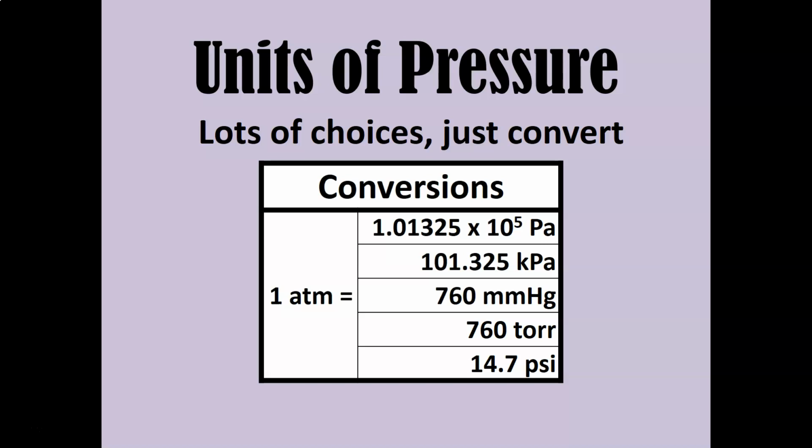And so the taller the column, the more pressure there was. We have one called torr. You might have heard of PSI, that's pounds per square inch. Sometimes like if you're filling up the tires on your car with air, we usually measure the pressure in the tires as PSI. So you would just use dimensional analysis and use these as conversion factors.